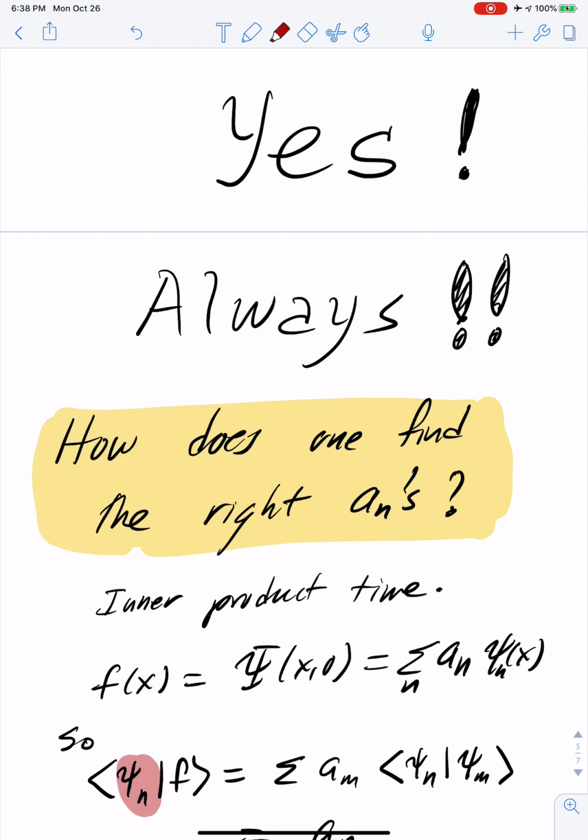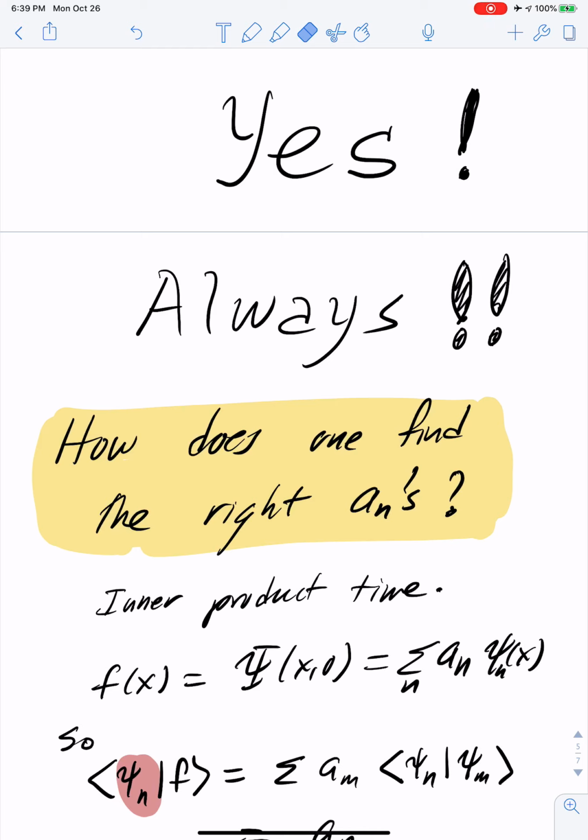Now in order not to get confused, I'm going to write this sum here over m in the second one. It's just a list of integers, so we have to give a different name so we don't get it confused with the n. Now, we've used the linearity of the inner product. So we can take the inner product through this sum and through the constant.